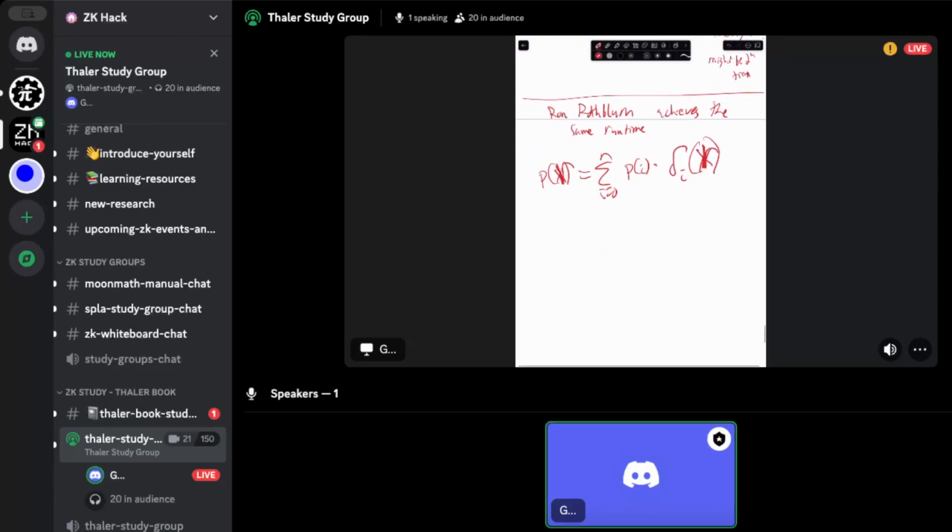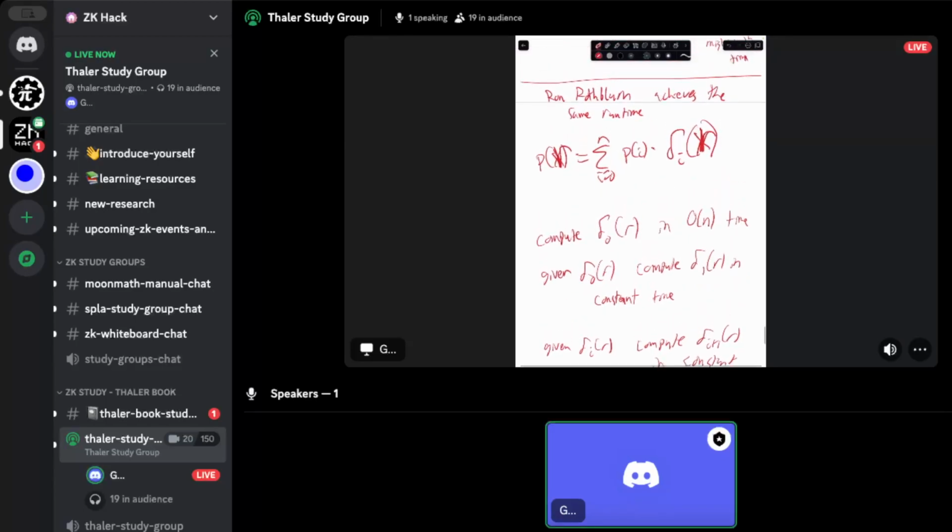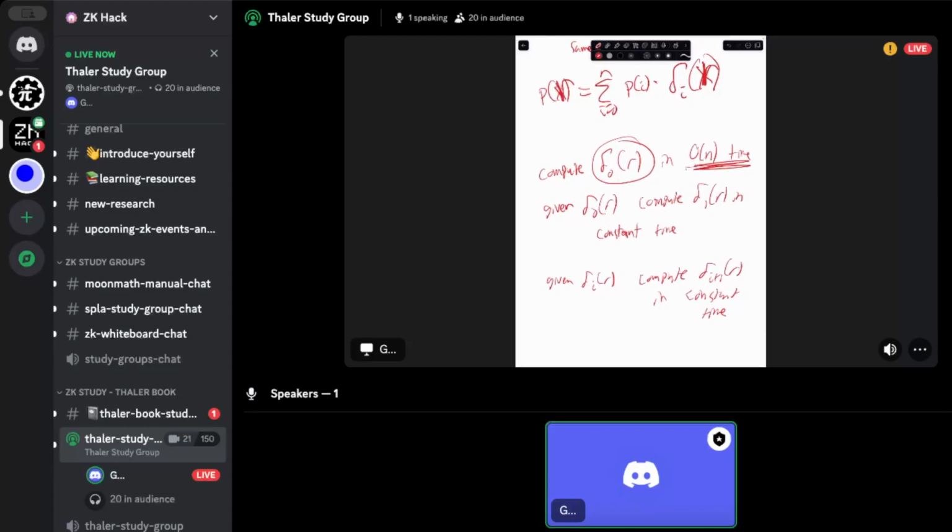We said you can compute delta 0 of r in order n time, and then given delta 0 of r, you can compute delta 1 of r in roughly constant time. There was some nuisance about inverting something not being constant time, but don't worry about it. In general, given delta i of r, you can compute delta i plus 1 of r in constant time. So you spend linear work just to get the first Lagrange basis polynomial evaluated at r, but then you spend about an equal amount of work across all of the remaining evaluations.